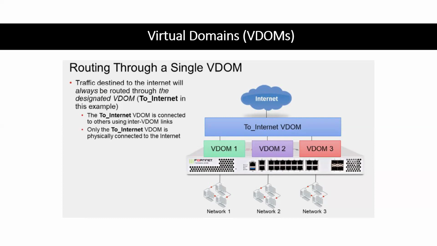So we're going to have an internet VDOM. This is just an example, but you can set it up however you like. Basically it's a VDOM dedicated to passing traffic out to the world or out to a specific network, because the wide area network is just another network. If you want to implement this in-house, you can do the same thing.